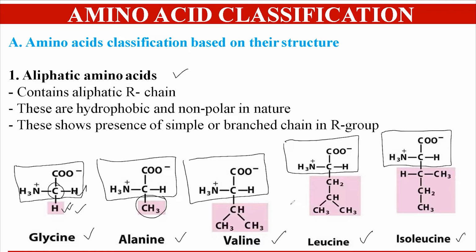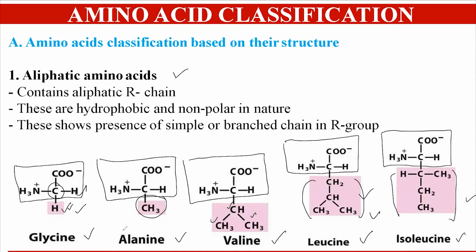Valine basically has a 3 carbon molecule attached as the R group. Leucine has a 4 carbon side chain. Isoleucine also has a 4 carbon side chain. The only difference between leucine and isoleucine is in the orientation, in the branching.